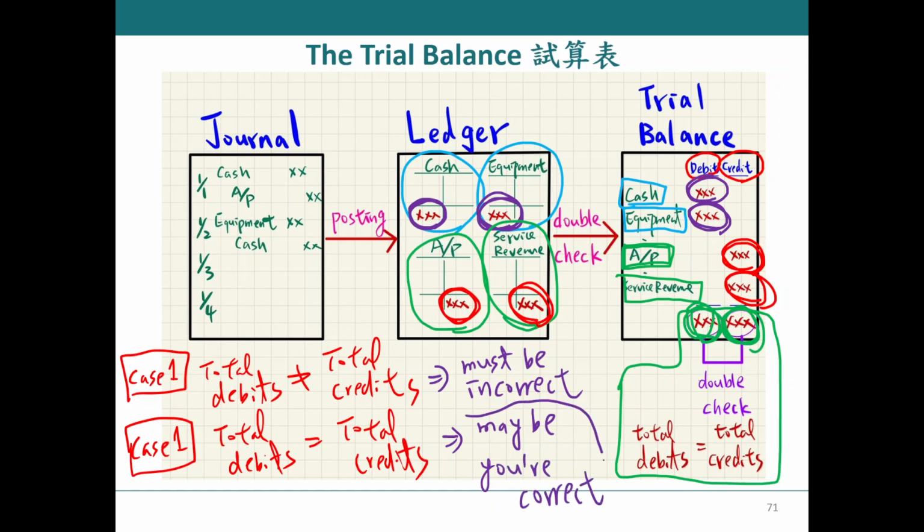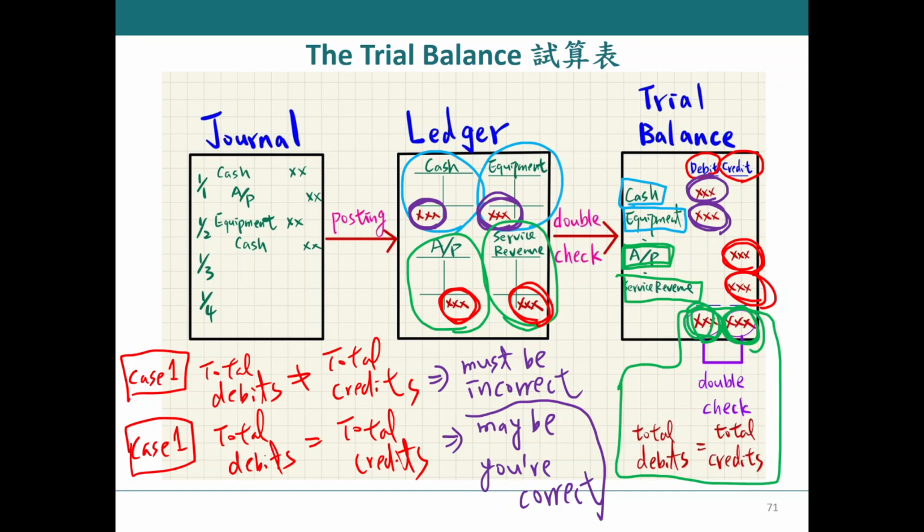Maybe you are correct. Okay? So after you prepare trial balance, look at total debit and total credit, whether they are correct or not. If they are not the same, go back to double check where you did the wrong thing. Okay? If they are the same, then maybe you are correct.